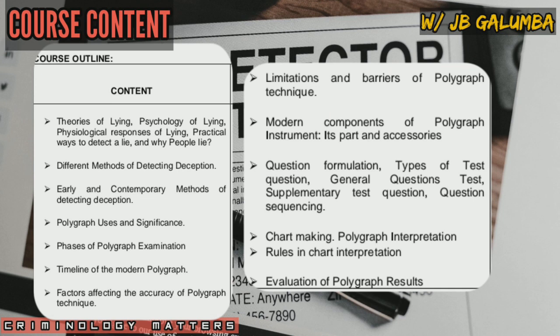It's good also to have an idea of the theoretical background of telling a lie. Because if we have a broad understanding with regards to the reasons why people tell a lie, we can effectively formulate a good strategy to point out or to detect signs and symptoms of lying.